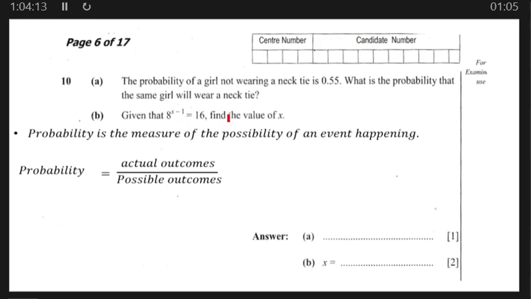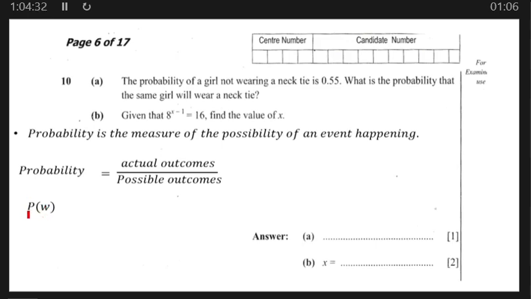So in this case, since they have told us one outcome here, that the probability of the girl not wearing the necktie is 0.55, then we'll put the equation like this. We'll say P, which is probability, W wearing.